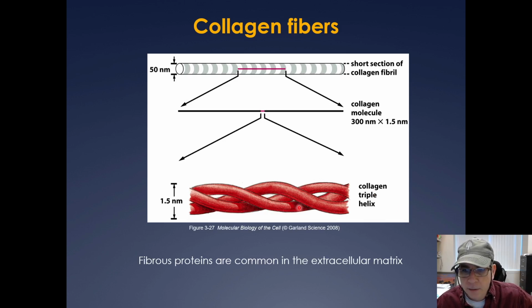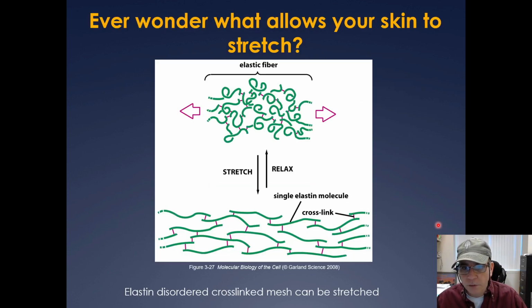Just in general, fibrous proteins are quite common in the extracellular matrix, right? It's what gives us our rigidity. But we also stretch, right? If you have ever wondered what allows your skin to stretch, it's this protein molecule called elastin.